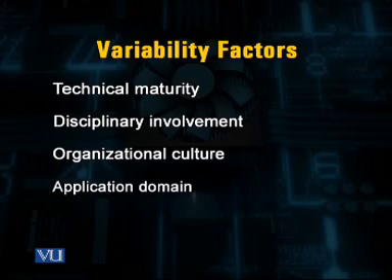Now, even if the same company is developing software, these 4 factors will have major impact. For example, the change in application domain will be a very important factor in deciding which type of process should be used. And organizational culture will have almost no effect, because if the same company is developing software, then the organizational culture will remain the same.